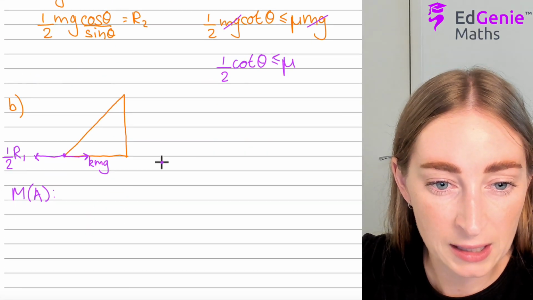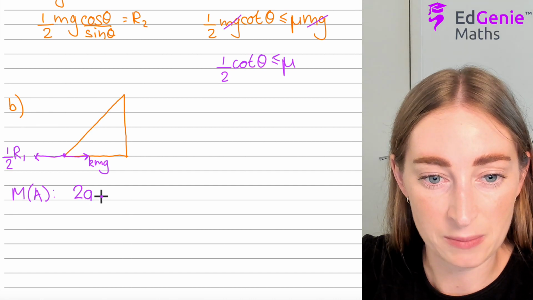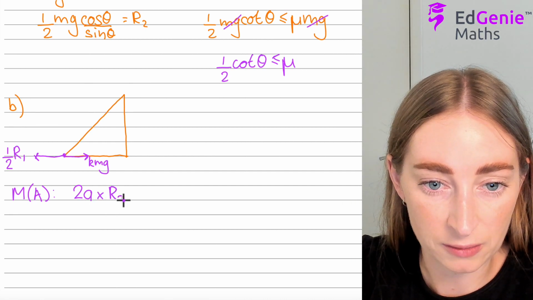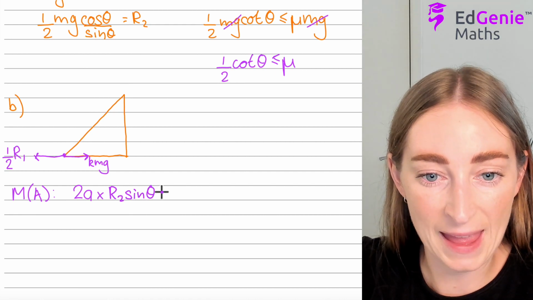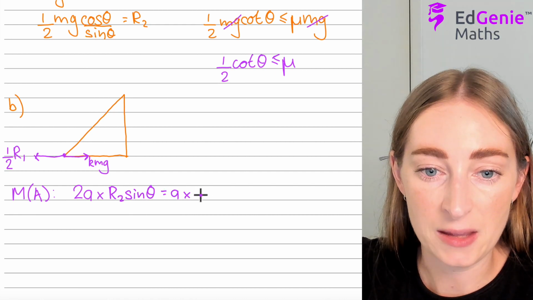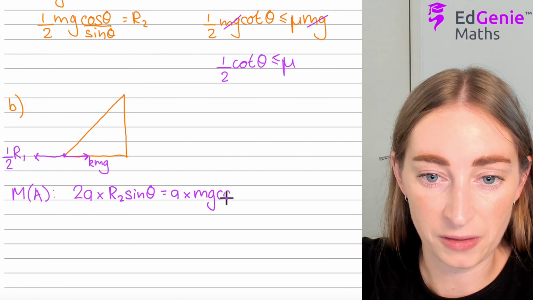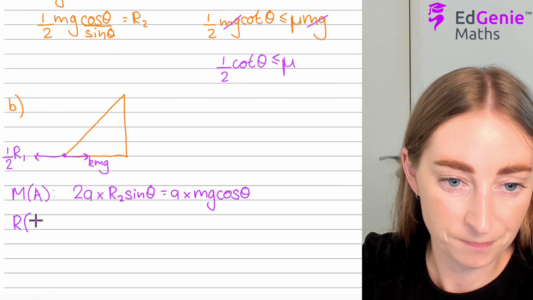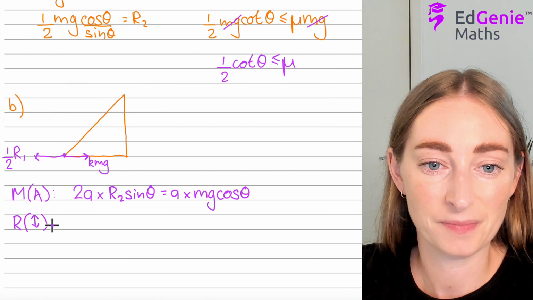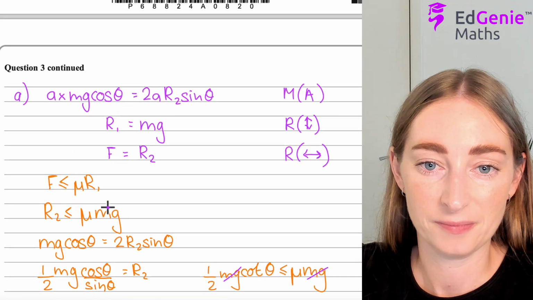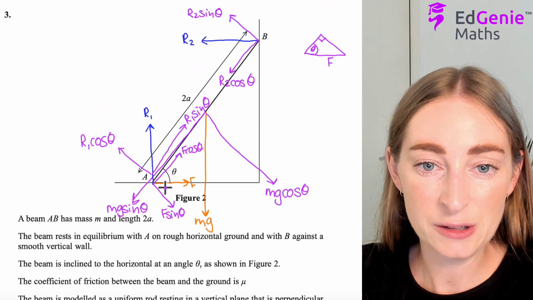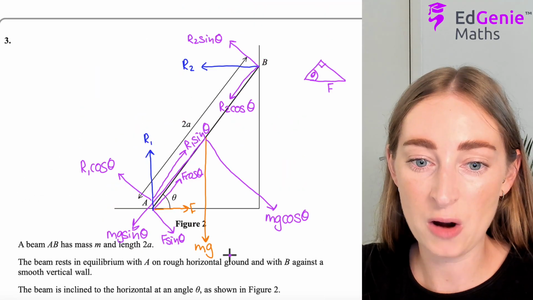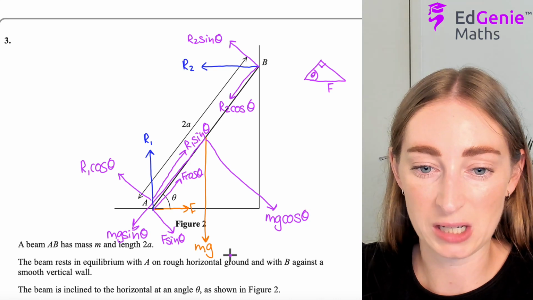Okay, so 2a times R2 sine of theta equals a times mg cos of theta. Now let's go up and down. So we've still got this force going up, and we've still got this force going down. So R1 equals mg.